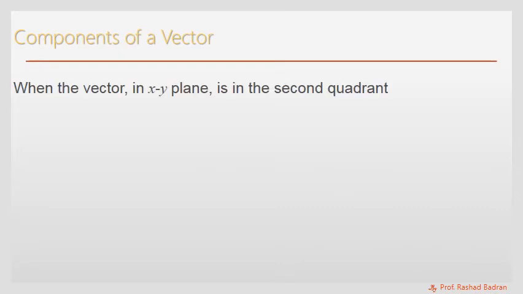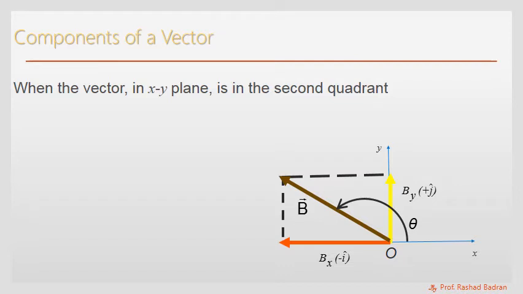When the vector in the xy plane is in the second quadrant, the vector b may have a magnitude of 1 unit and an angle of, for instance, 120 degrees.